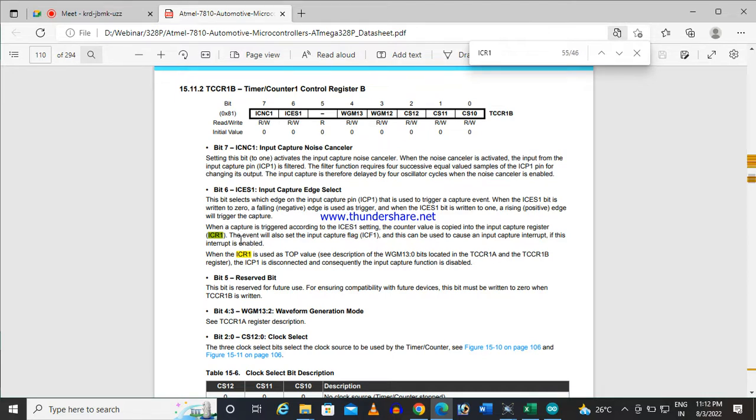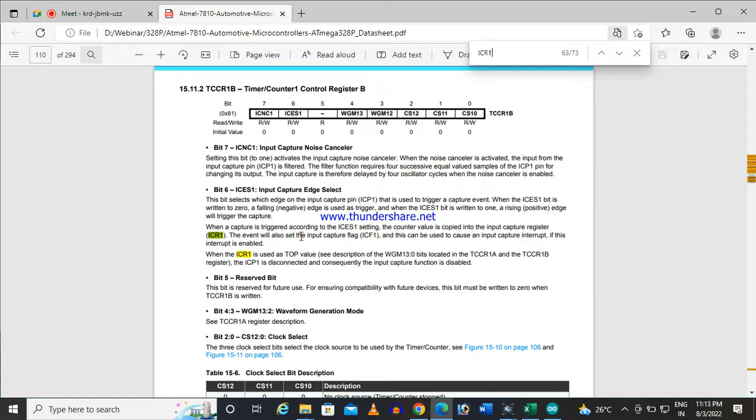If we select mode 10, then whatever you define in the ICR1 register will be the top value. Say I define the ICR1 value as 100. Then the timer will count from 0 to 100.